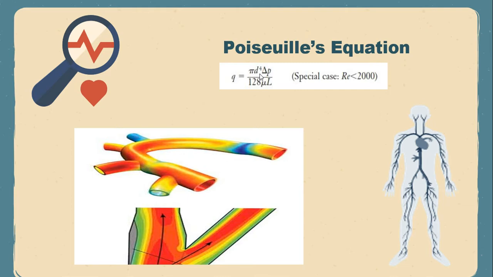Some medications for hypertension are designed around this principle, and they lower blood pressure by limiting the contraction of blood vessel walls. Of course, a number of caveats and limitations are associated with applying Poiseuille's equation. Here we can see it.